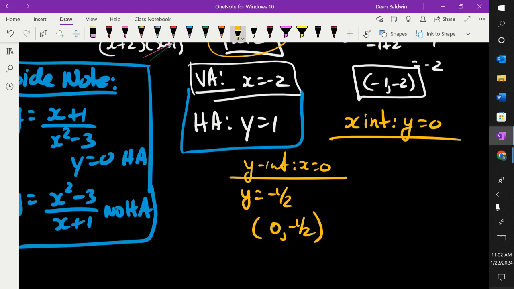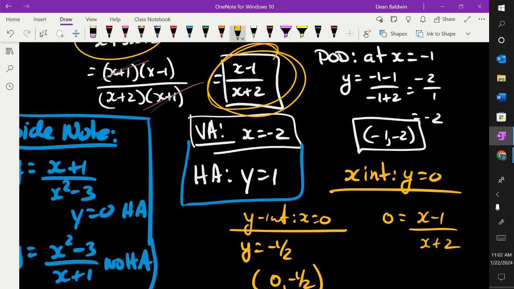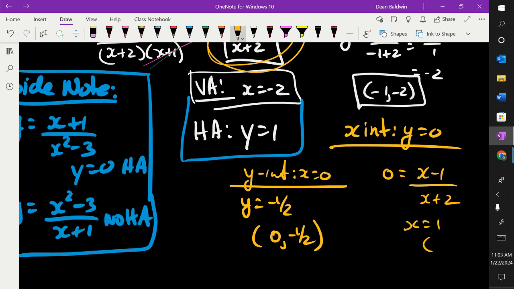Okay, the x-intercept is when y is 0. It makes your life easier if you use the simplified or factored form. So I go 0 is equal to x minus 1 over x plus 2. If you multiply the x plus 2 up, it goes away, right? So you get 0 is equal to x minus 1, so x is equal to 1. So the x-intercept is 1 and 0.